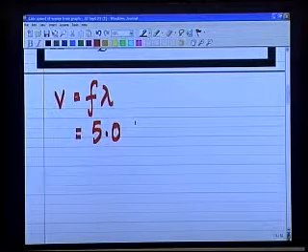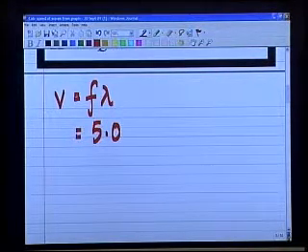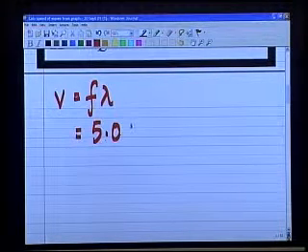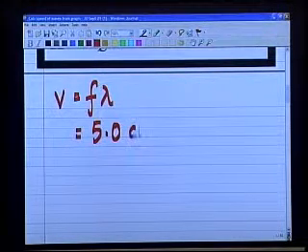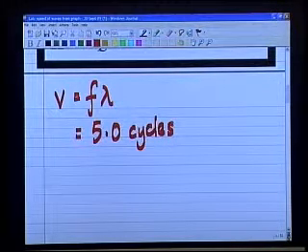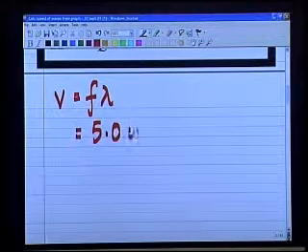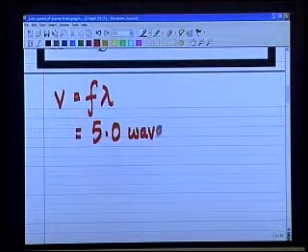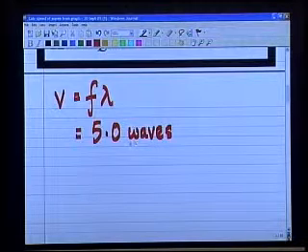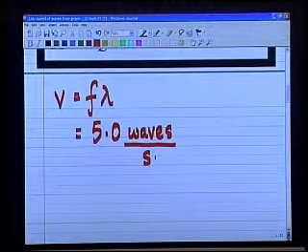1 hertz is actually 1 cycle per second. So I will put down here 5 hertz, 5 cycles, cycles of 5 waves. Both are correct. We are talking about waves here, so I want to put down 5 waves per second. You get it?